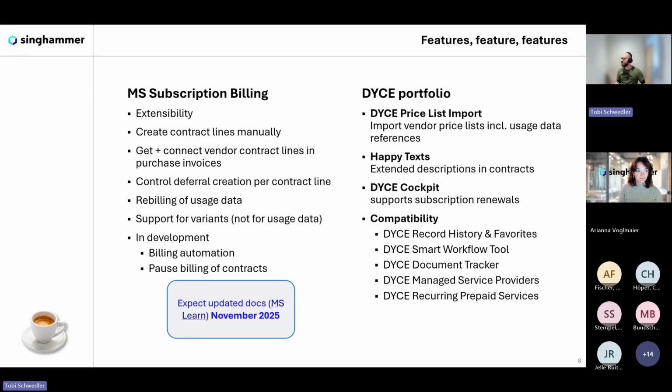And of course, like normal compatibility, contract subscriptions showing up in the record history, the smart workflow tool where you can set statuses in the contracts.